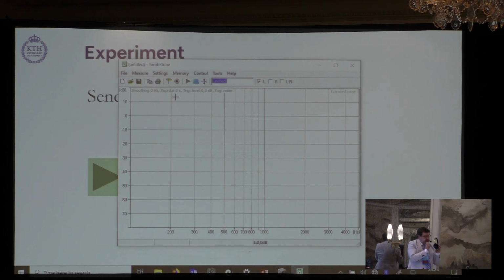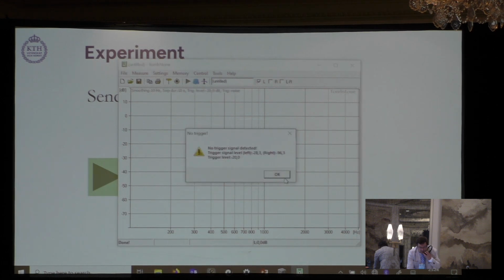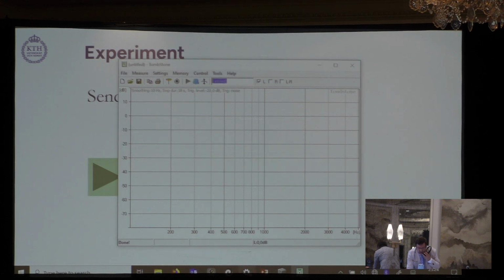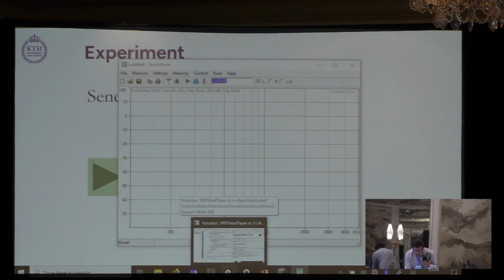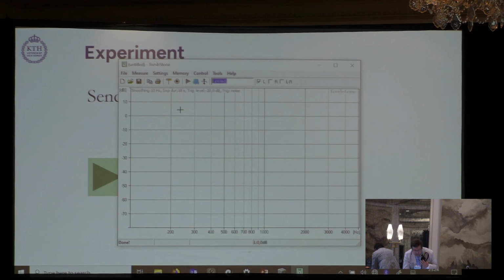Now I will place my microphone close to the headphone to get sort of a baseline registration of what the headphone's like. If this works, I don't know. For example, I need to tweak up the volume a little bit.